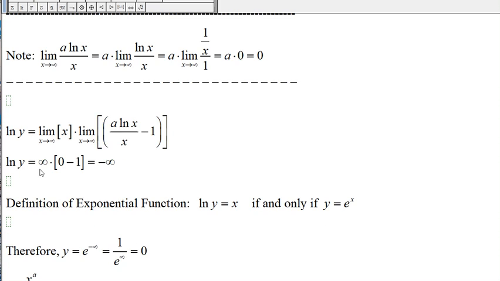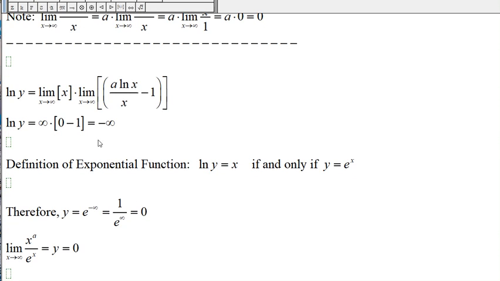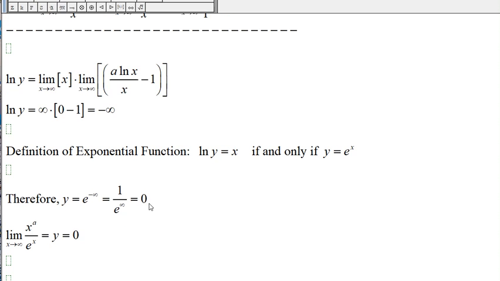Here we have the natural log of y is equal to negative infinity, and therefore by the definition of exponential function, y is equal to e to the negative infinity, which is 0. Originally we called y the limit of x to the a divided by e to the x, and therefore the limit of x to the a over e to the x as x approaches infinity is equal to 0.